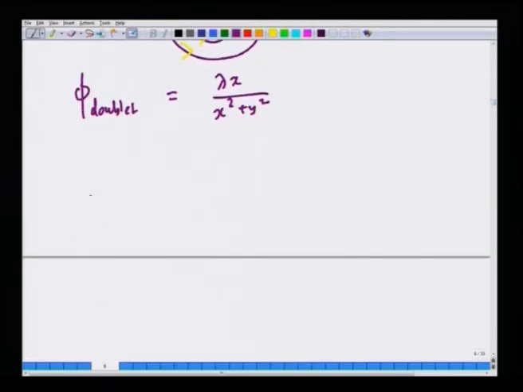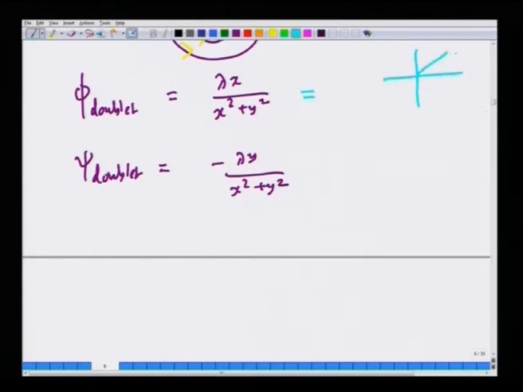Now, we have these two expressions, psi doublet and phi doublet. Psi doublet is minus lambda y divided by x squared plus y squared. From geometry we can write this in cylindrical polar coordinates. x by x squared plus y squared: if you look at the polar coordinates r, theta, x is r cos theta.